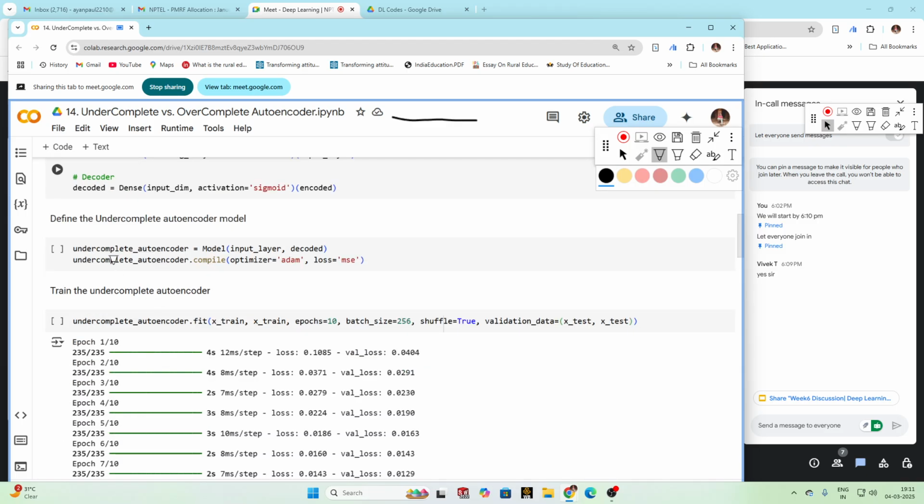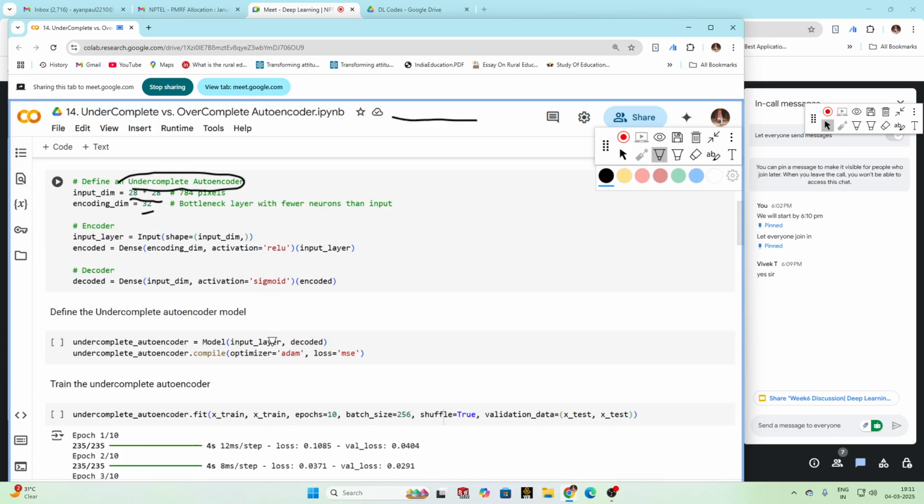Okay, then this is the model. To make the model, I have used this. So we have three layers: the input layer, then the encoding layer. I have coded it in such a way that I have not made a separate input layer, but this encoding layer only I am naming as the input layer, and then we will do the decoding process.